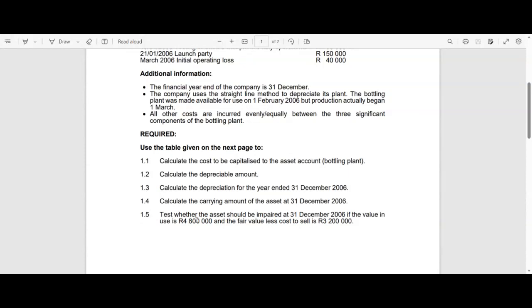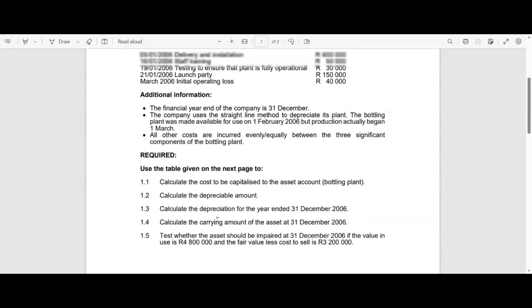So obviously we have to know which one of those two figures we should use, or we are allowed to use, as our recoverable amount. But we'll get to that a little bit later.